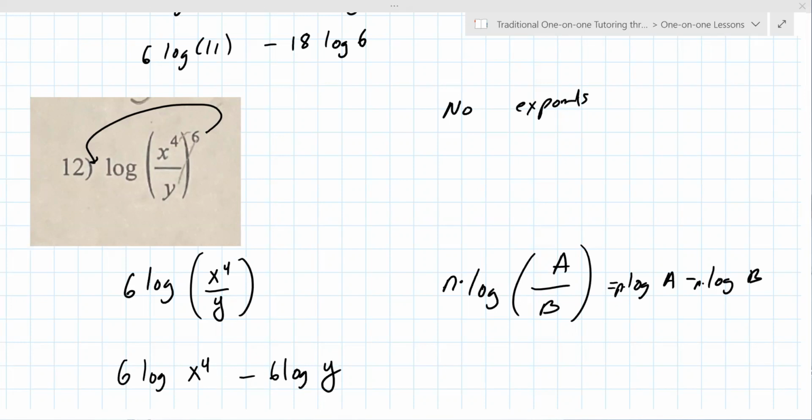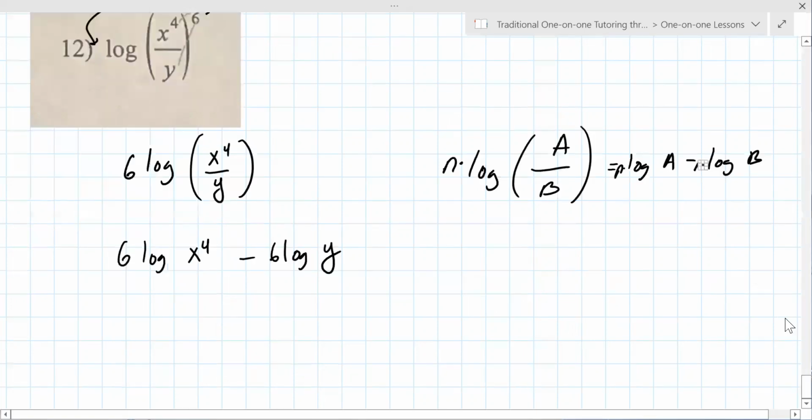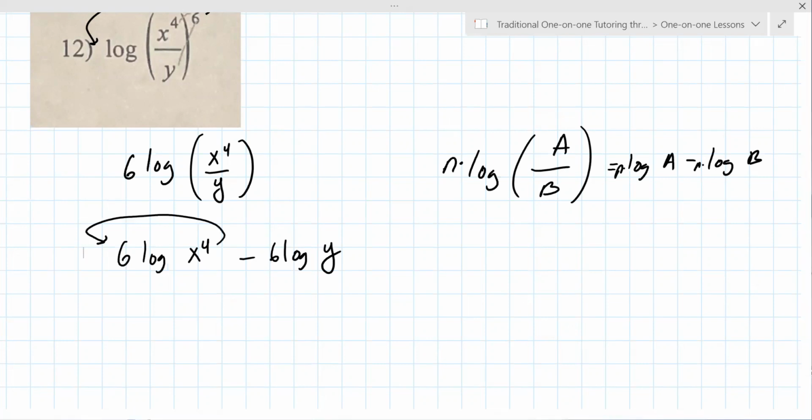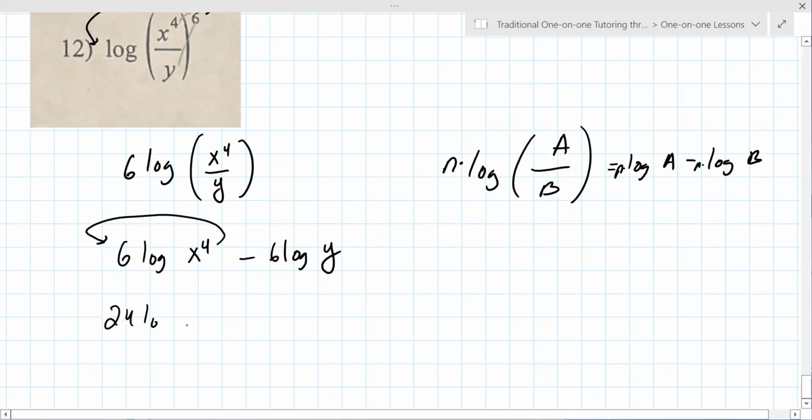That makes sense. Okay, good to hear. And then the last thing is this exponent of 4 above the x. It also has to come out in front here. So that becomes 4 times 6, or 24 log x minus 6 log y.